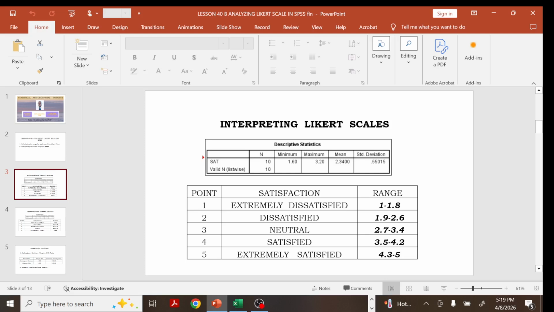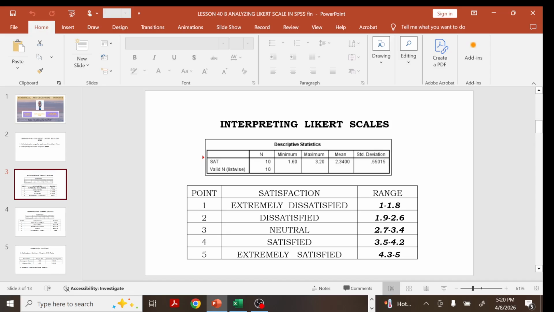Okay. Now, for us to have a meaningful interpretation of this minimum and maximum in the context of the points of the Likert, like extremely dissatisfied, dissatisfied, neutral, satisfied, extremely satisfied, it will be very difficult, because when we say the minimum number of the respondents, you don't know whether they answered extremely dissatisfied or dissatisfied and so on.